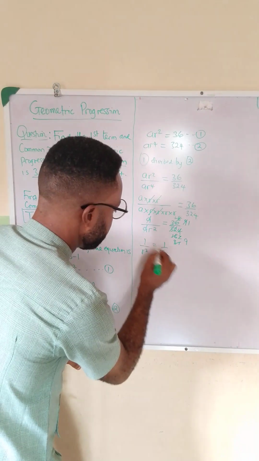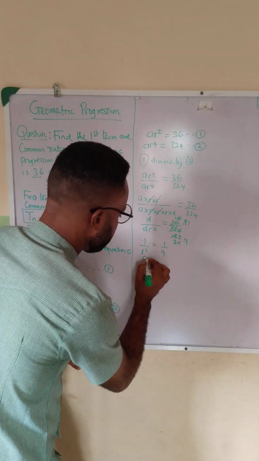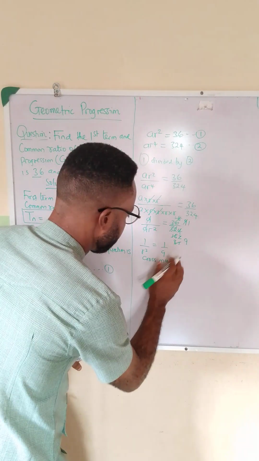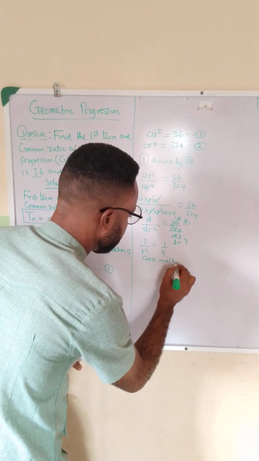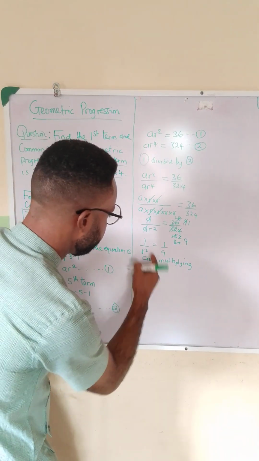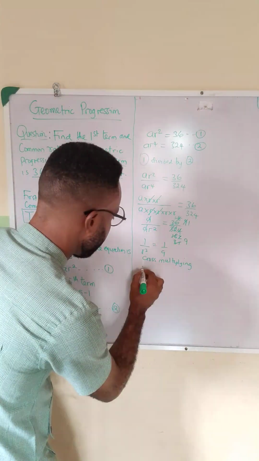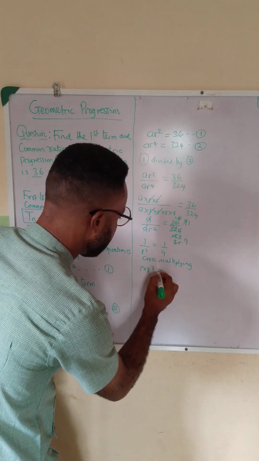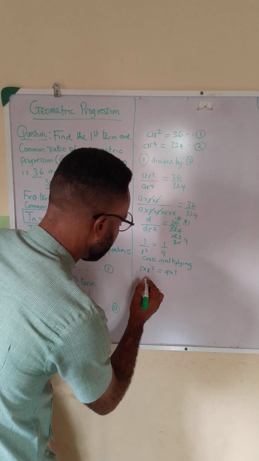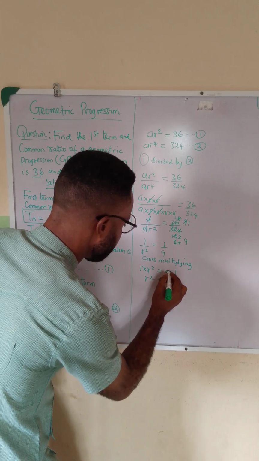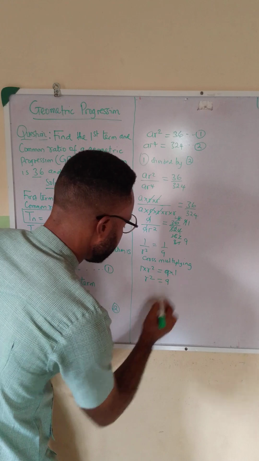So we can cross multiply. When we cross multiply, we have 1 times R squared equals 9 times 1. So R squared equals 9. We can call this equation 3.